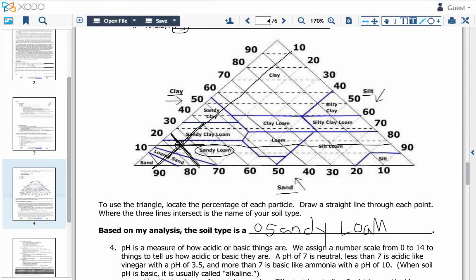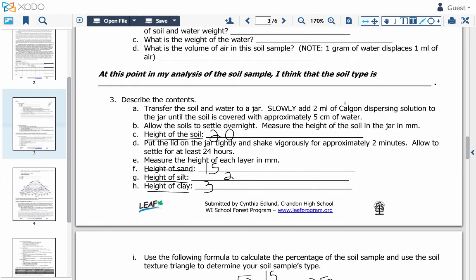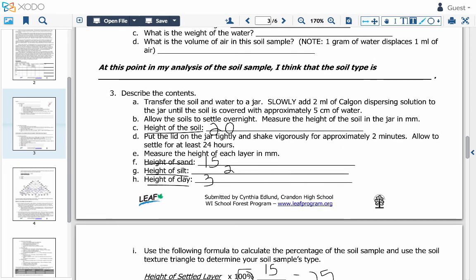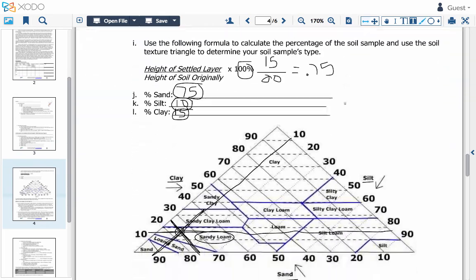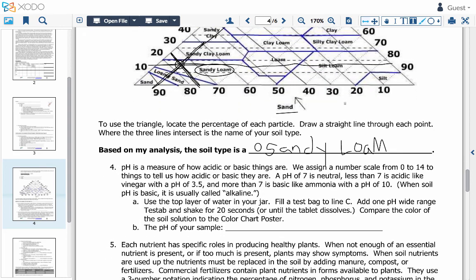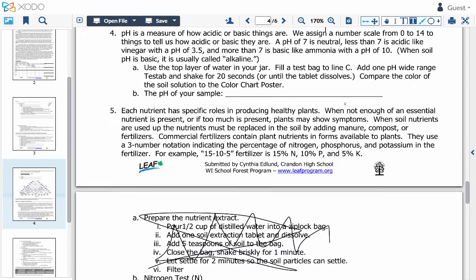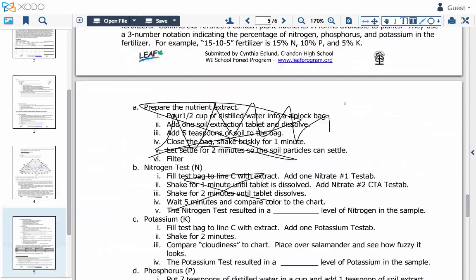So that's going to conclude our portion on describing the contents of our soil. The next video will be over pH and the nutrient tests.